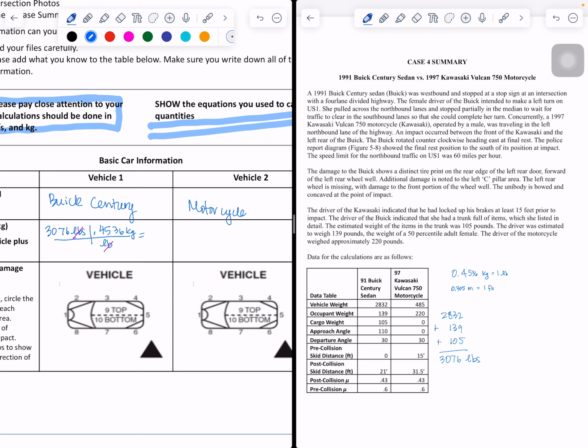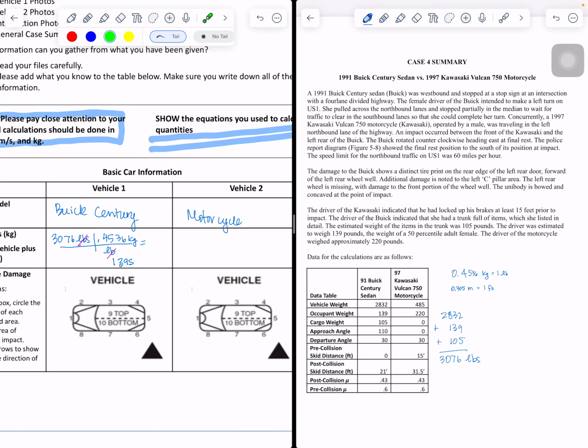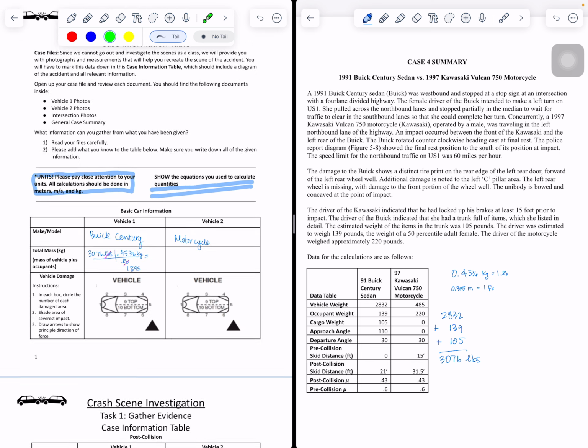And that is equal to 1,395. So I'll expect to see this whole thing in your calculation: the number that you got from adding up the stuff on the case summary, the conversion factor, and then the final answer. So that is how I would do that one.